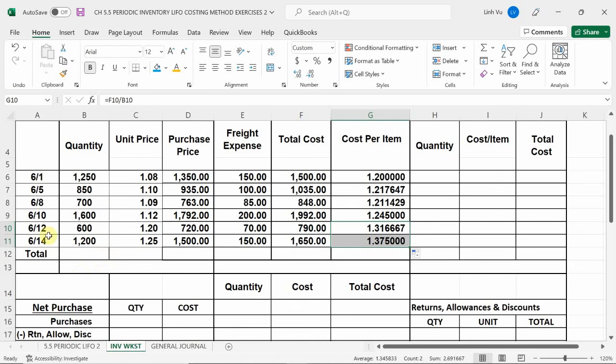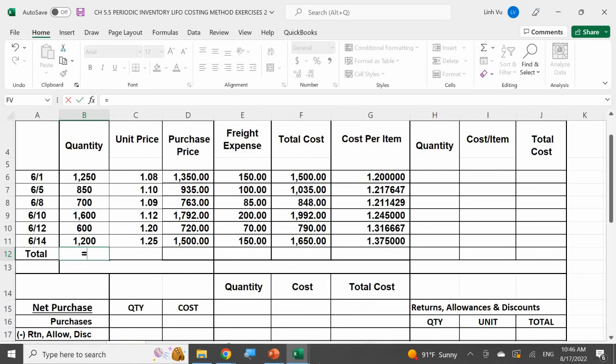So now that we reached the end of the accounting cycle, as you can see, we reached the bottom of this worksheet. Let's go ahead and solve for our totals. How many items did I purchase in grand total? 6,200.